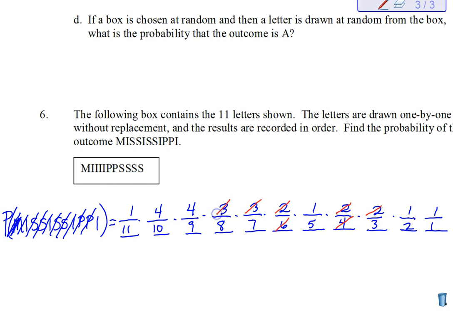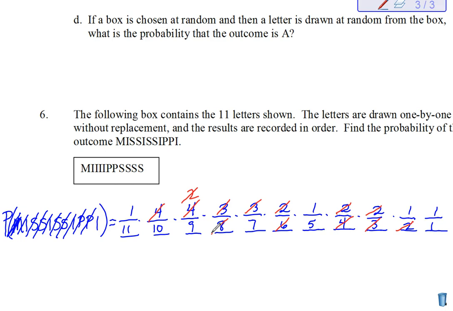I can mark out this 3 and this 3. When I look at this, I can say 2 goes into 4 2 times. 2 times 4 is 8. And you don't have to reduce in the exact same way I did. There's some variation in the way that you can do that.